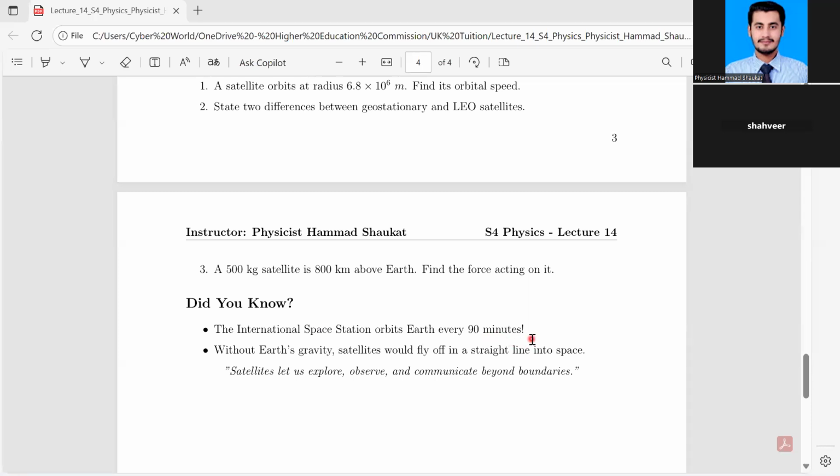Keep remembering this. Without Earth's gravity, a satellite would fly off in a straight line into space. Definitely, if there is no gravity, your object is not able to move in a circle. There is no centripetal force, and if there is no centripetal force, definitely your satellite would fly off in a straight line into space.